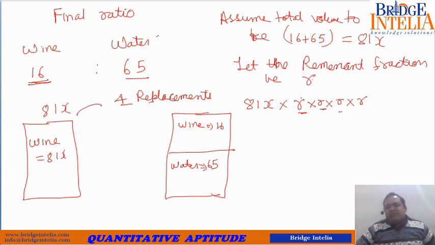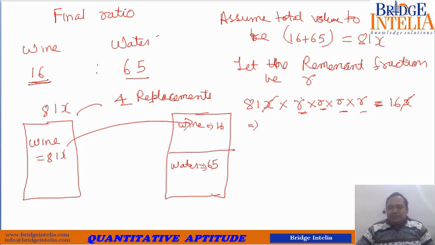So you allow some fraction to stay behind, into R into R into R. Why? Because 4 times. So finally 81x reduced to 16x. So this x will get cancelled.